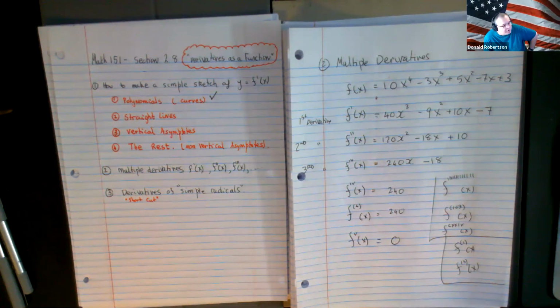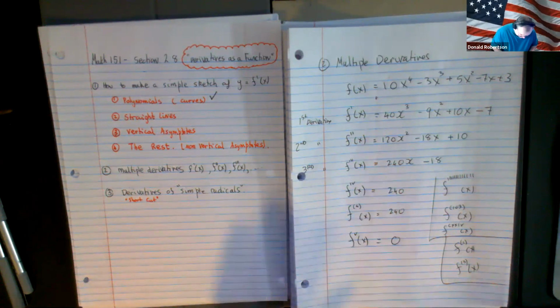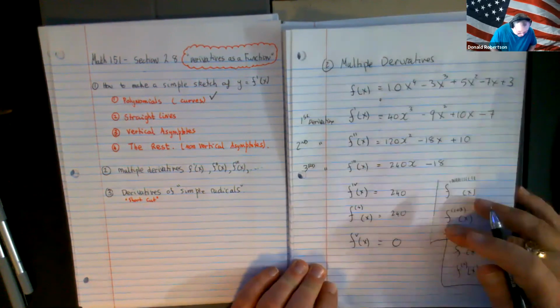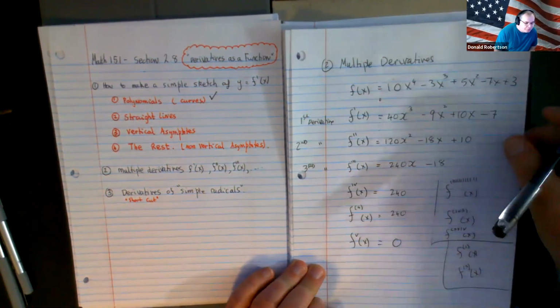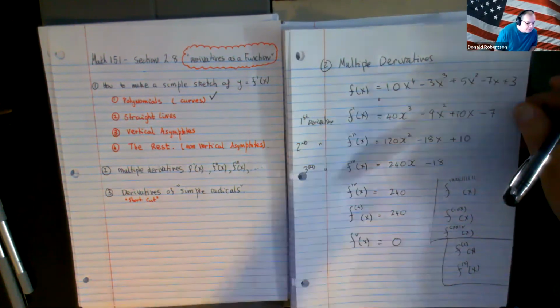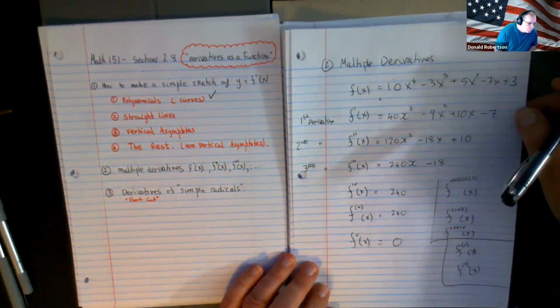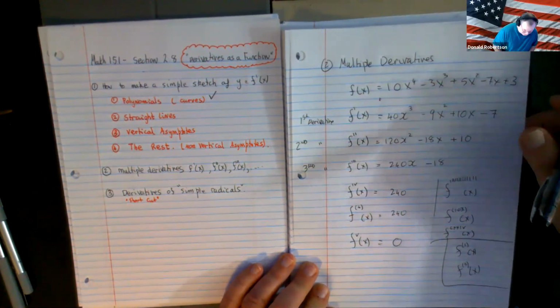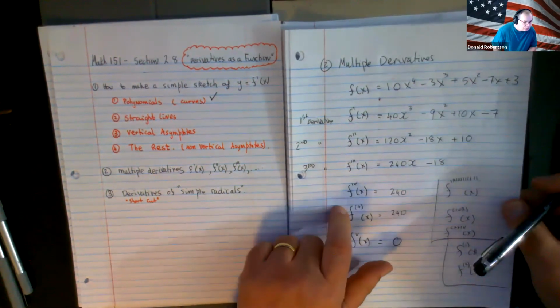Point. You might wonder what on earth is going on there. One day you'll discover what that point is. Are you comfortable with multiple derivatives with polynomials, or do you need to do another one? I think it's pretty much what you probably would have done if nobody told you how to do it, right? Notation's cool.